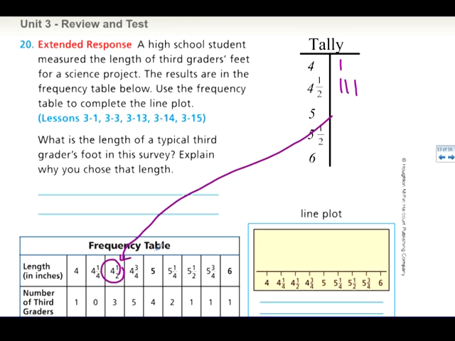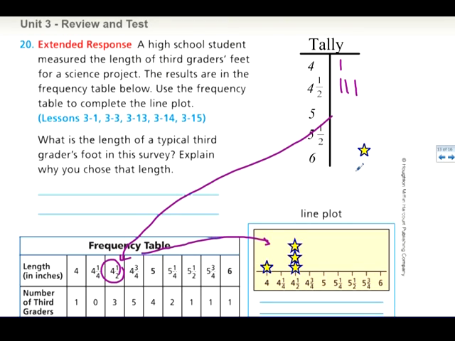And then here's the next step. You bring it over here and you say, well, there was only one person that had a 4-inch measurement. There were 3 people that had 4.5. 1, 2, 3.